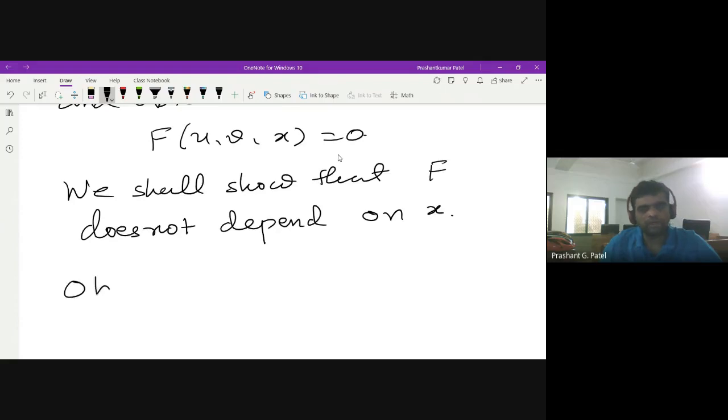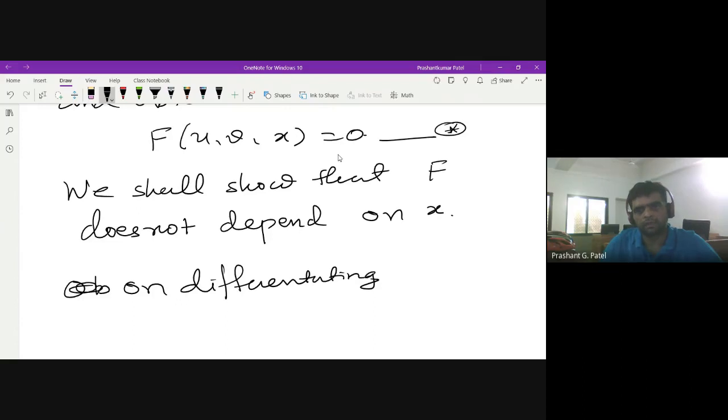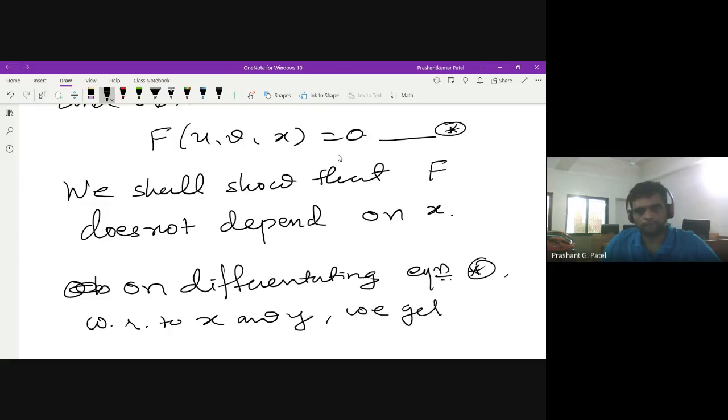Now let's call this equation star. Differentiating equation star with respect to x and y, we get the following.